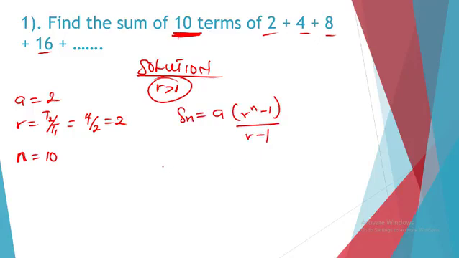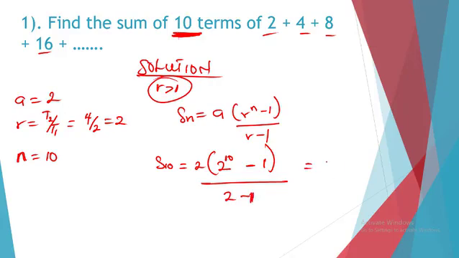Therefore S10 is equal to a, which is 2, into r, which is 2, raised to the power n, our n is 10, then minus 1, all over r, which is 2, minus 1.